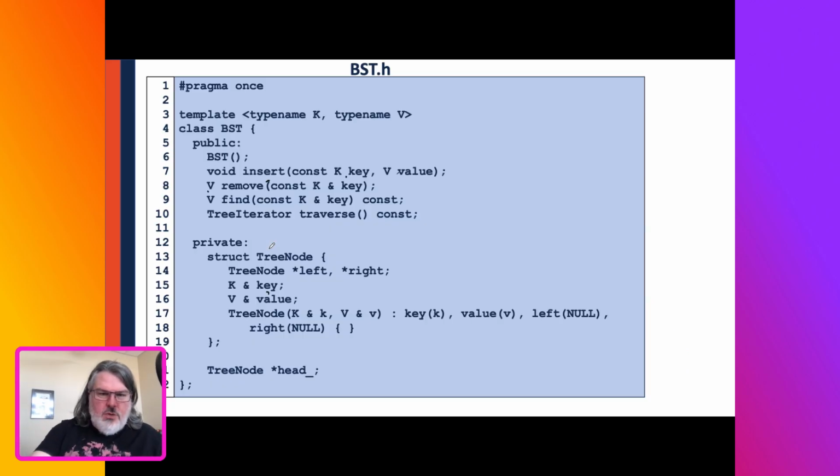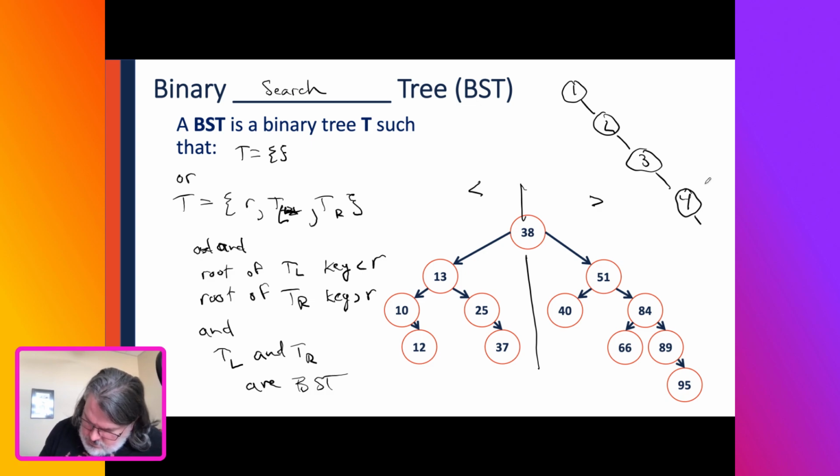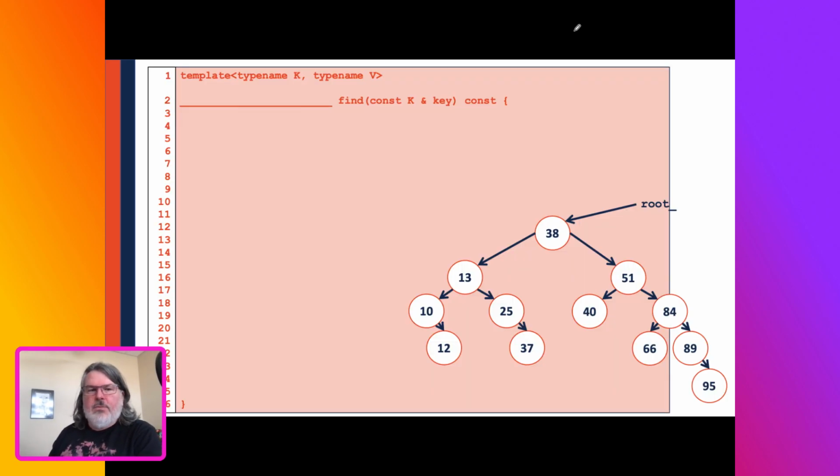But let me show you a binary search tree. Here is my binary search tree. Right, that's still a binary search tree. So a binary search tree is not quite perfect, but it's a really good place to start.